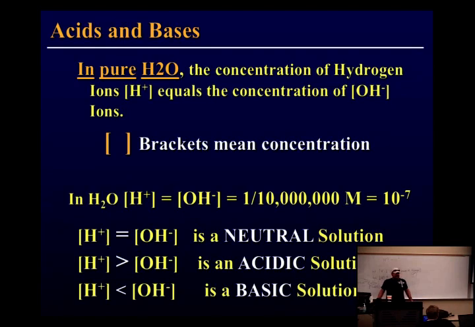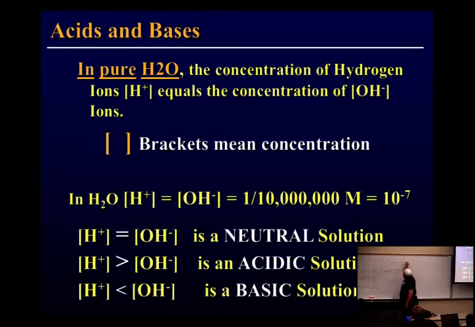So if we did 10 to the minus 3rd, that would be 1, 2, 3. And if we did 10 to the minus 2nd, that would be. And if we did 10 to the minus 1st, that would be. So 10 cents is bigger than 1 cent, right?